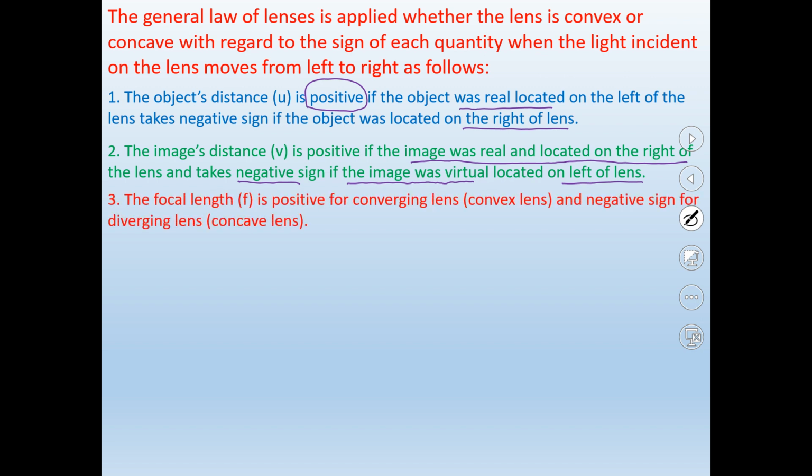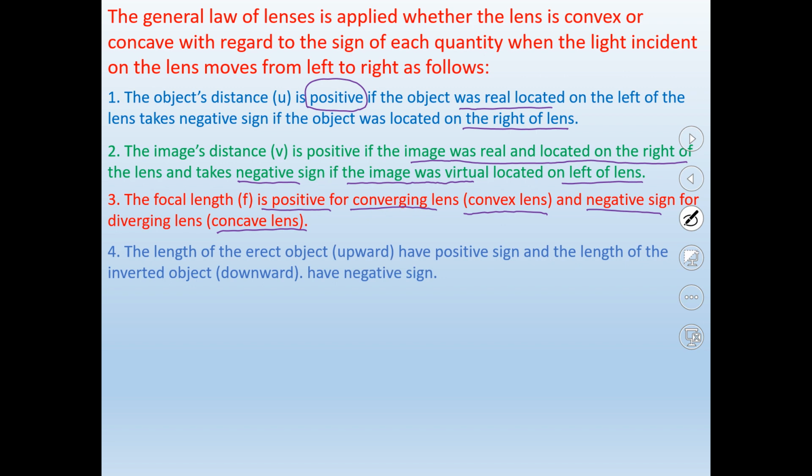Another one: the focal length is positive for a convergent or convex lens, and negative for a divergent or concave lens.